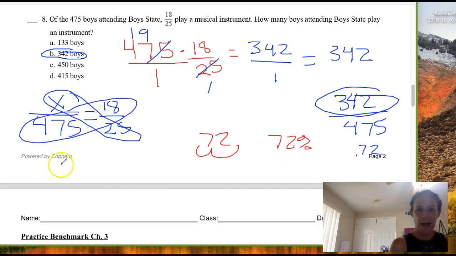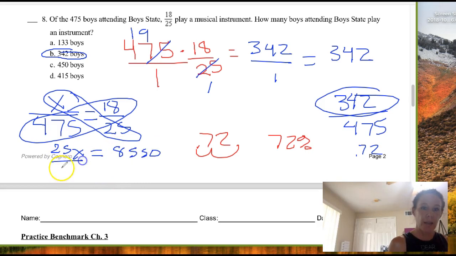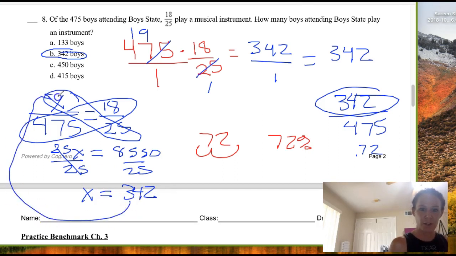So if I did that, it would look like this. 25 times x would equal 475 times 18. And that would be a very large number, 8550. And then I divide both sides by 25. And you get x equals, and if I take that on a calculator and divide it by 25, I'm going to get 342, which is that same ratio right there.